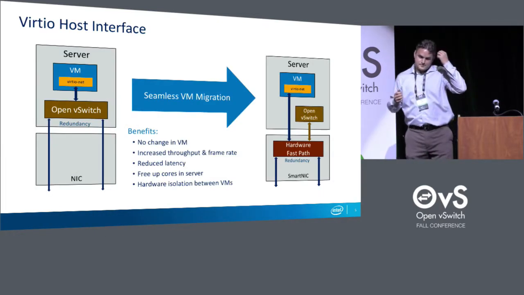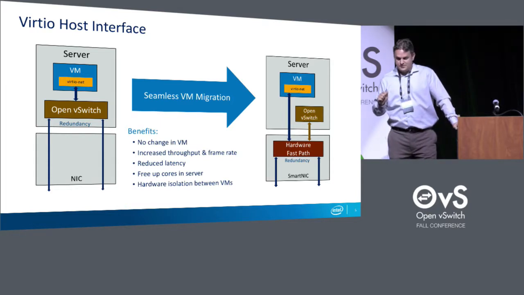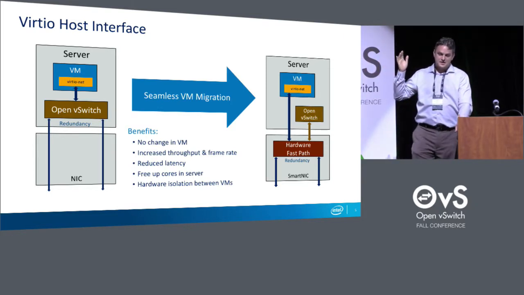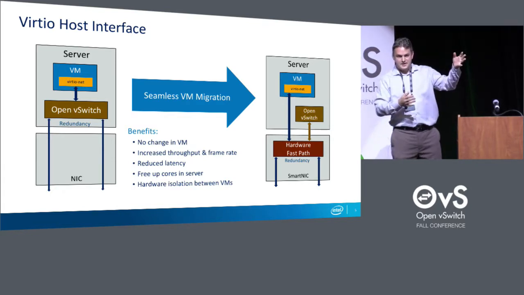So in the virtual environment, this was the goal that we set out to achieve, and I think we've achieved it. The idea is, I'm a cloud service provider and I have a bunch of VMs running live and making me money.